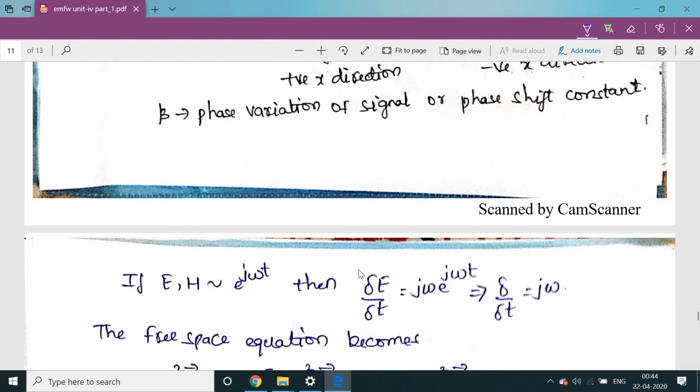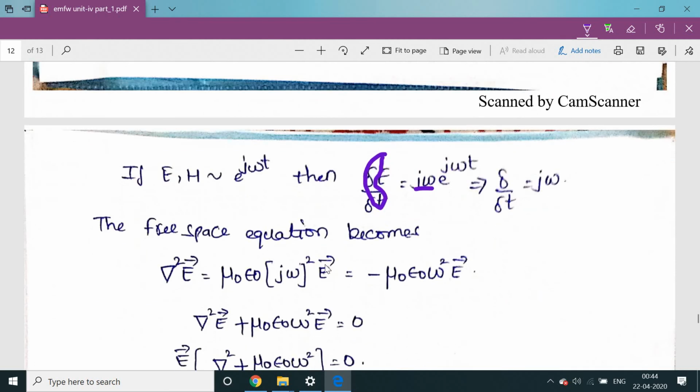So dou by dou t is equal to j omega, and E here is nothing but e power j omega t. If you do dou square, here you get j square omega square. Since j square is minus 1, you get minus omega square e power j omega t.